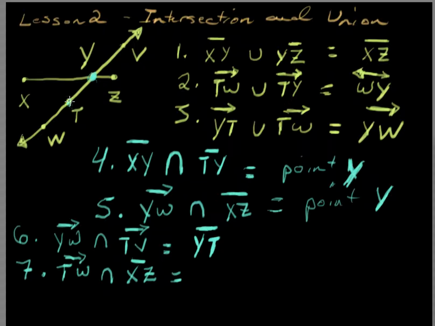TW starts at T, goes out to infinity through W, and then the line segment XZ starts at X and goes to Z. So we're starting here, out to infinity that way. We're starting here, going to line segment XZ. So guess what? These have nothing in common. That's the null set, or it can also be written as an empty set. Nothing.